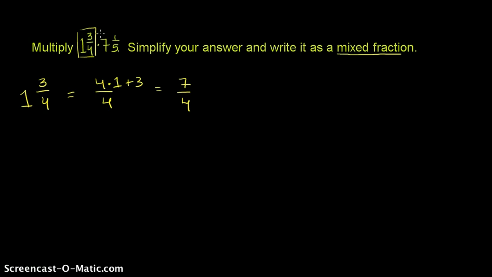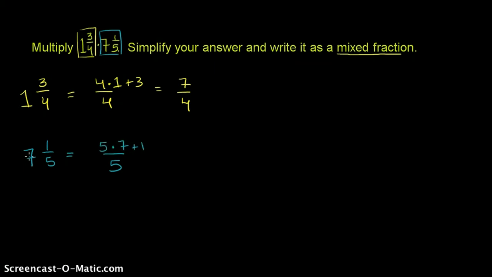Now let's do 7 1/5. Same exact process. We're still talking in terms of fifths, so that's going to be the denominator. You take 5 times 7, because 7 is the same thing as 35 fifths, plus the numerator right here.